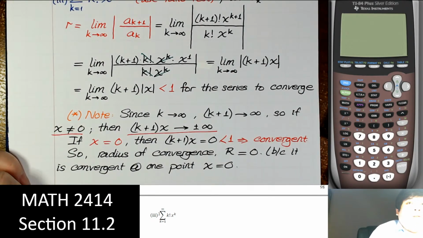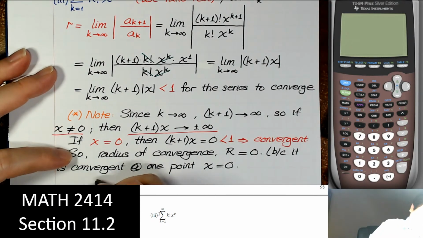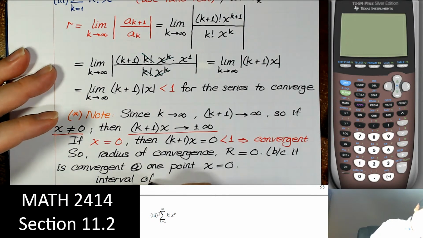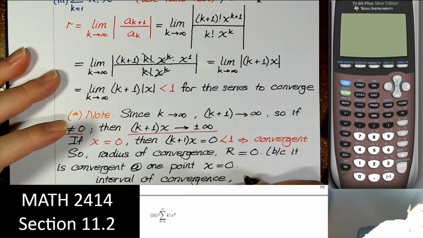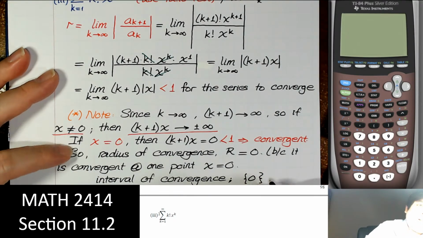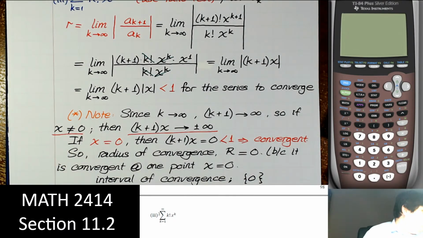And the interval of convergence is just one point. It's just the point 0.